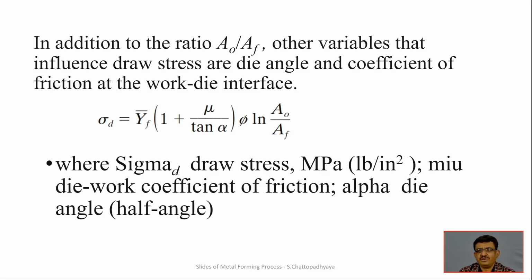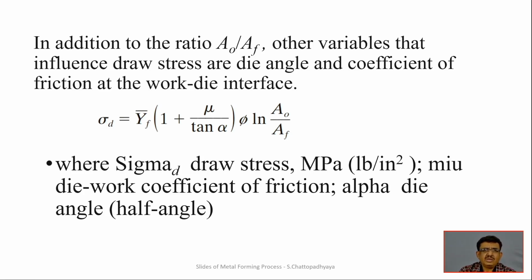So, we have to determine the coefficient of friction, which has a very important role to play, and the formula associated with this coefficient of friction is sigma suffix d. Sigma suffix d is a function of average flow stress, along with this friction mu, and then the alpha, the die angle, along with another component, that is phi, along with a logarithmic expression.